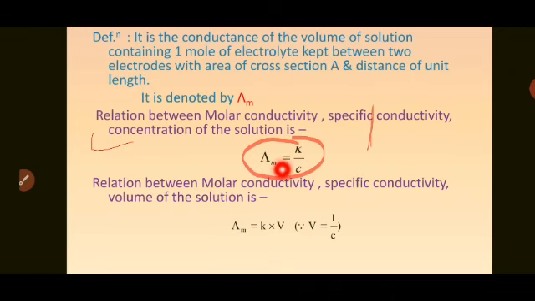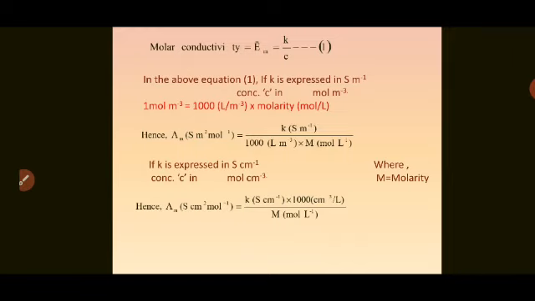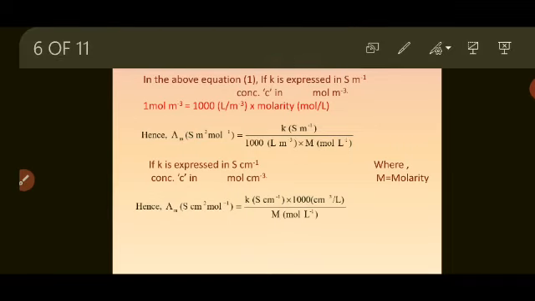With concentration, lambda m is equal to K by C, whereas with volume, lambda m is equal to K into V. Both are useful for solving problems. Again, please take the symbol as lambda m, that is cap m, like this.